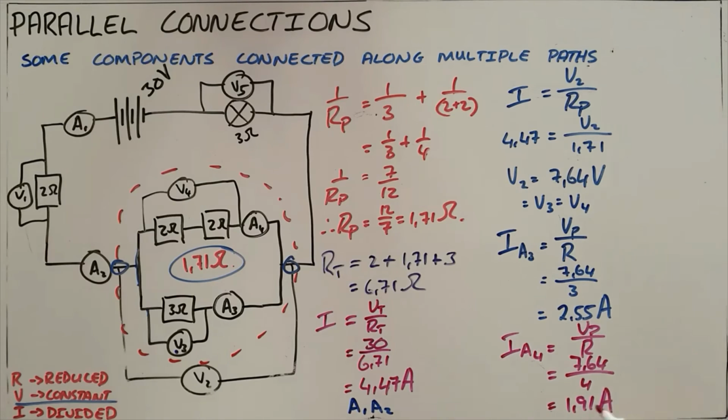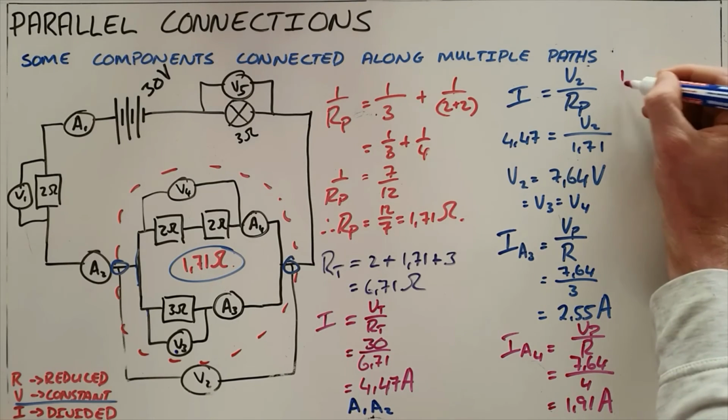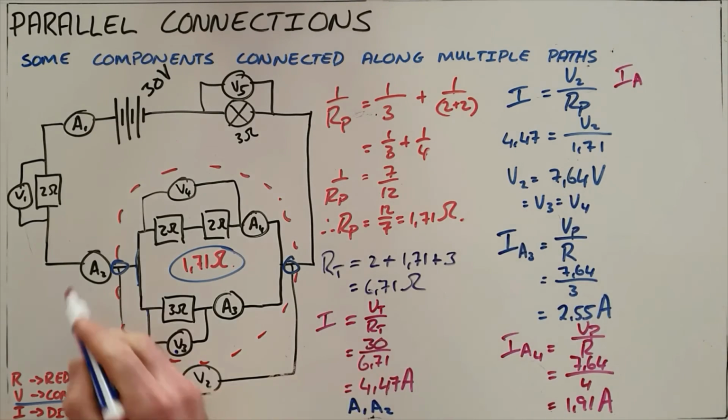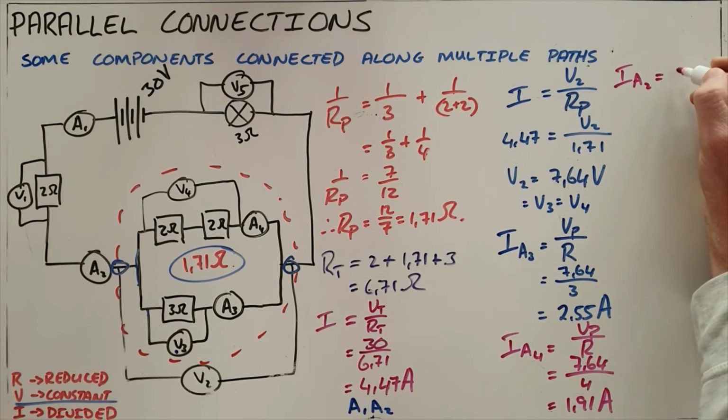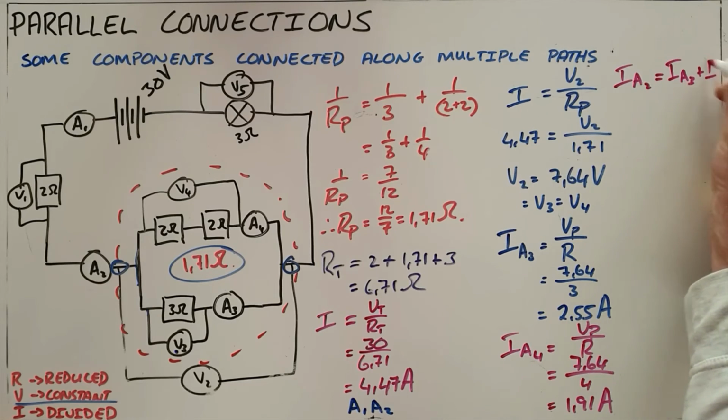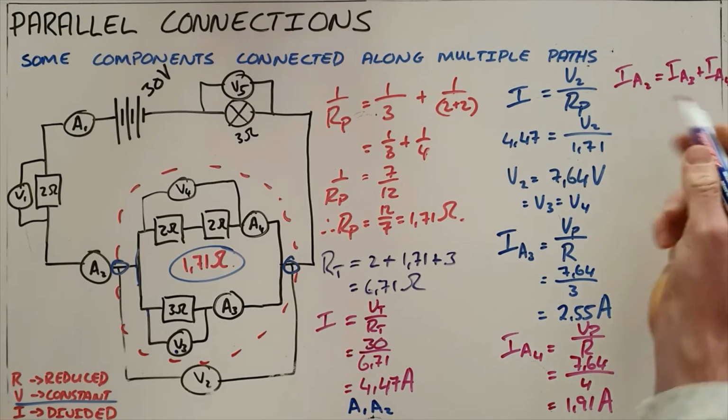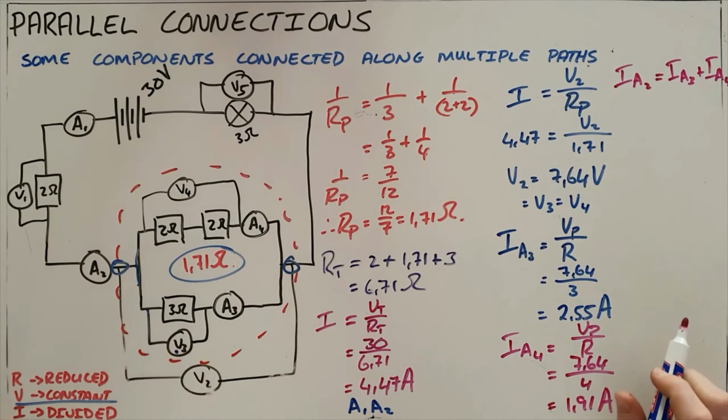This also reinforces our rule for parallel circuits, because we can see here that the current through A2 is equal to the sum of the current passing through A3 and A4, which shows again that current is divided in a parallel circuit.